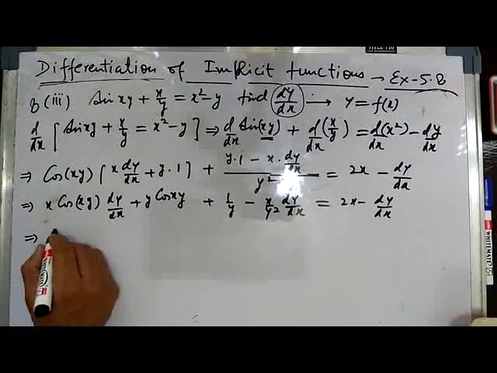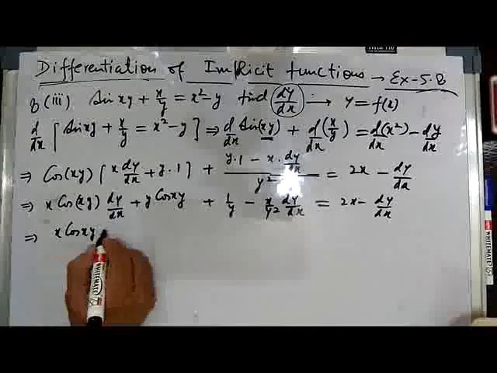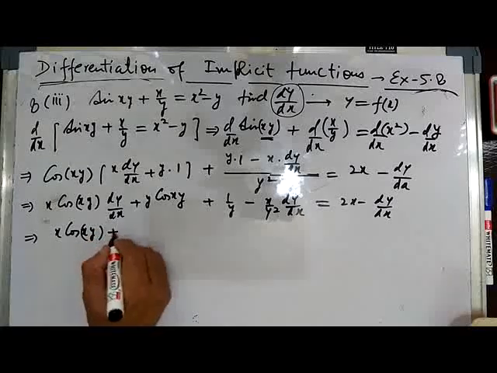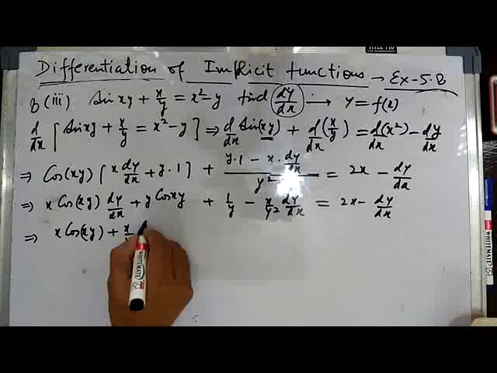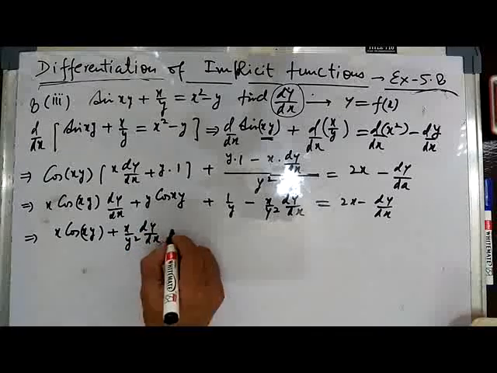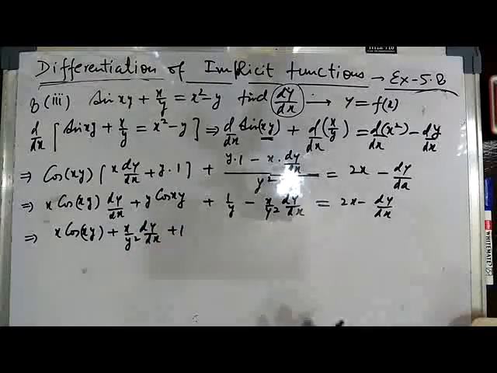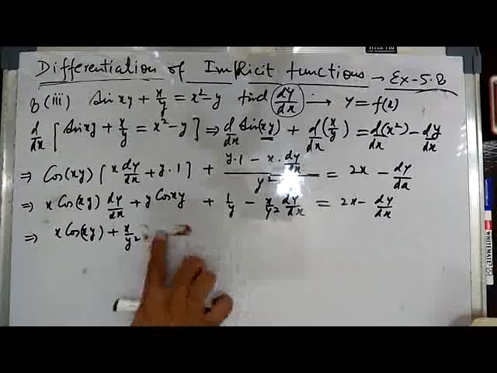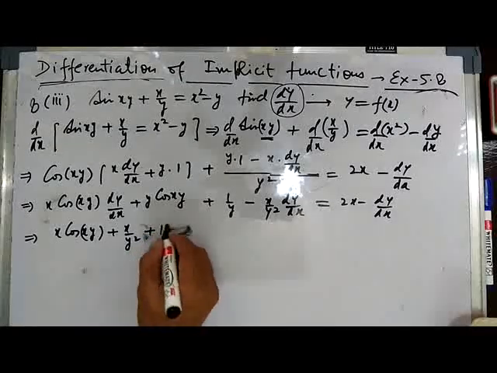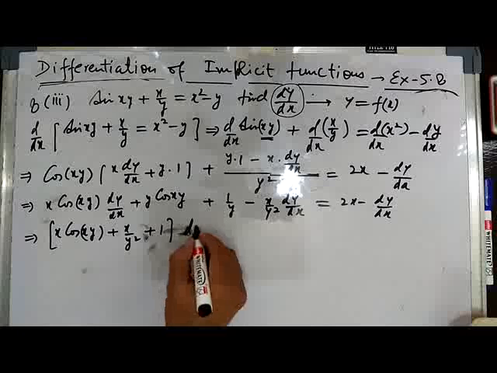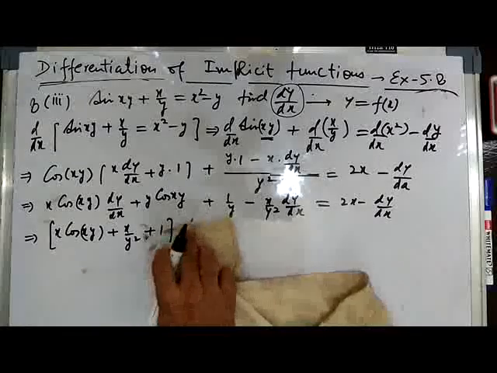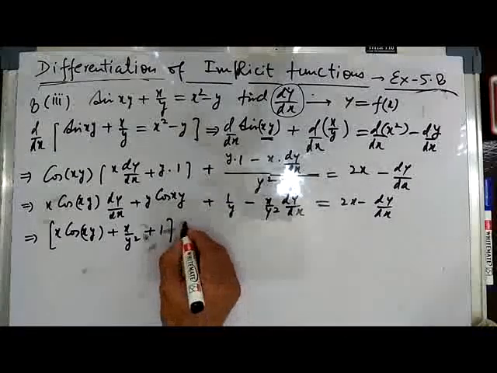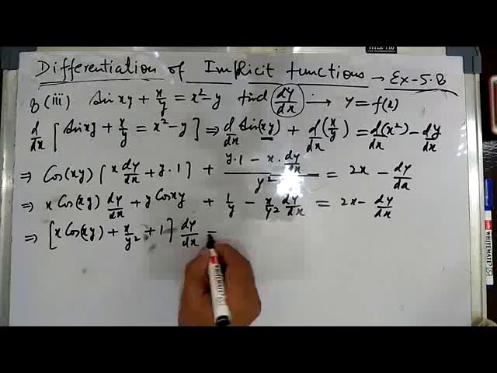So x cos xy plus x upon y square dy/dx plus 1 dy/dx. What I have done?